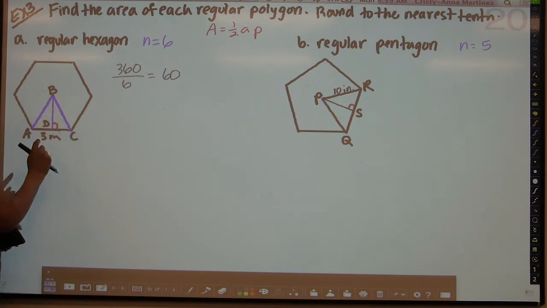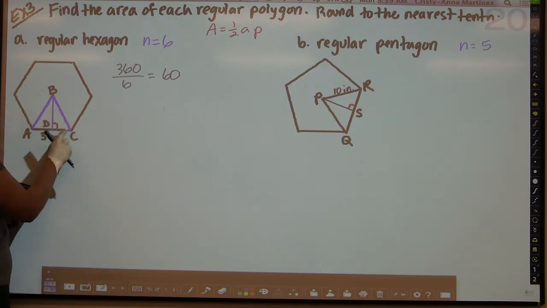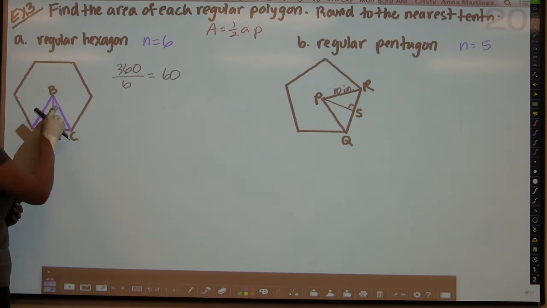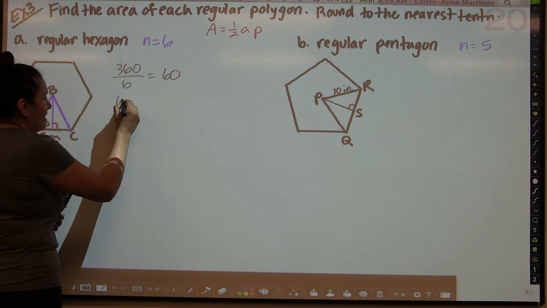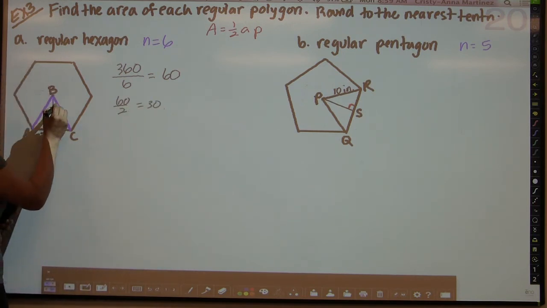But I only want to find the angle of one of those sides, because I know this is a right triangle, so I want to see if I can do any Pythagorean theorem stuff or anything like that to get this value. So if this entire central angle is 60, I'm then going to take that 60 and divide it by 2, and that tells me that this angle in here is 30 degrees.